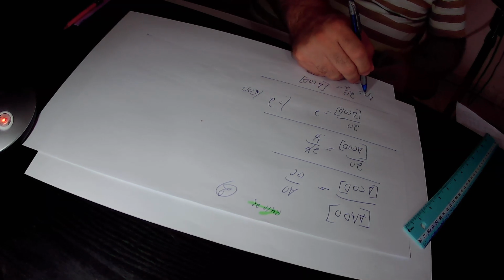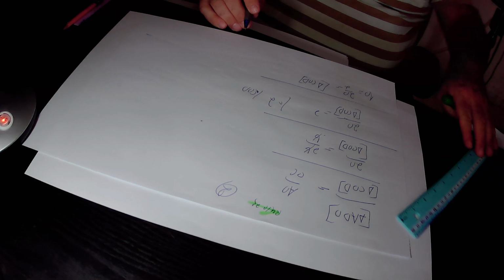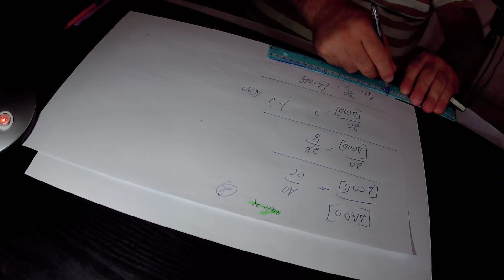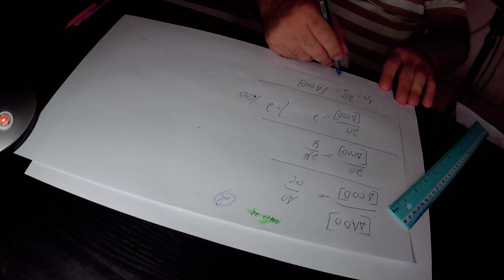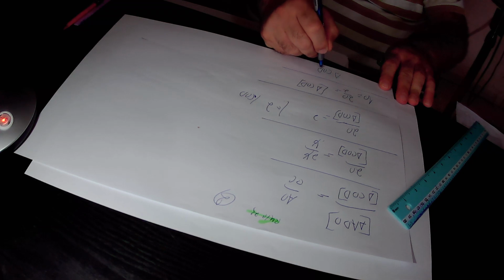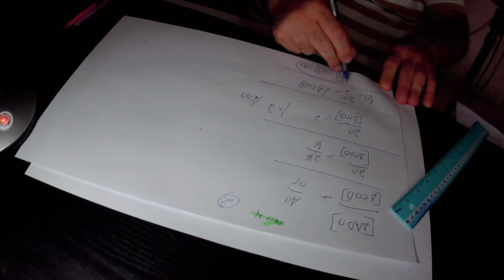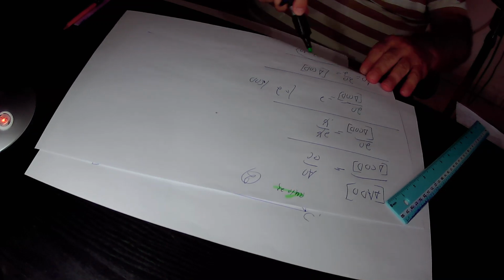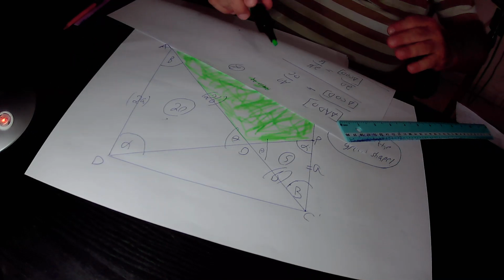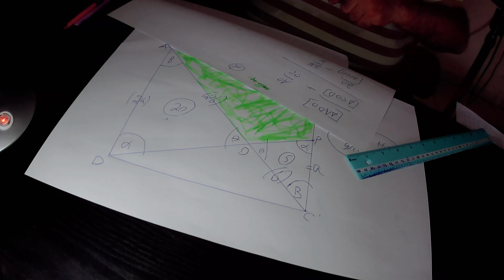So in total, the area of triangle COD is equal to 10 square units. So the area of this small triangle COD is equal to 10 square units.